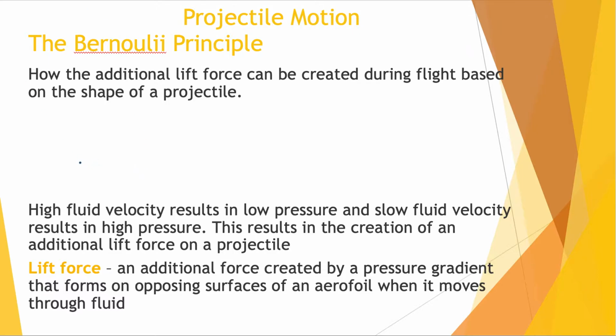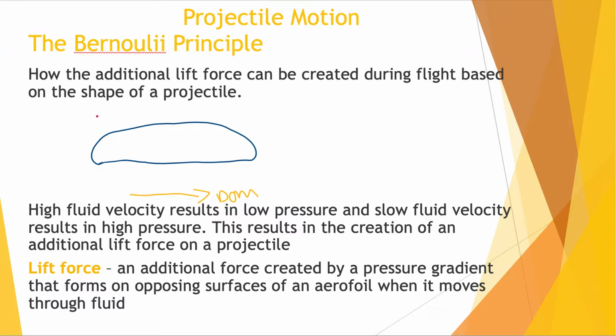If we take a shape that's flat on the bottom and curved over the top, what we're then going to draw in are what are called airflow lines. Let's imagine this object is travelling that way through the air. It's a projectile travelling through the air, and this is its direction of motion.